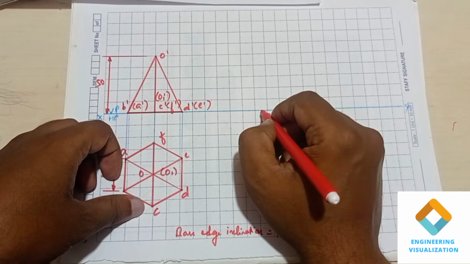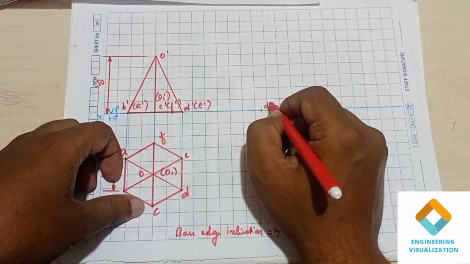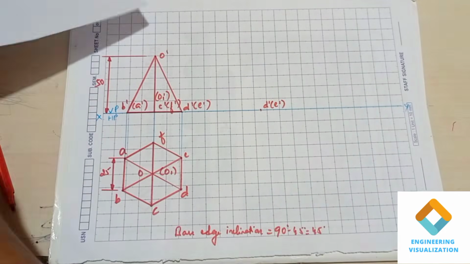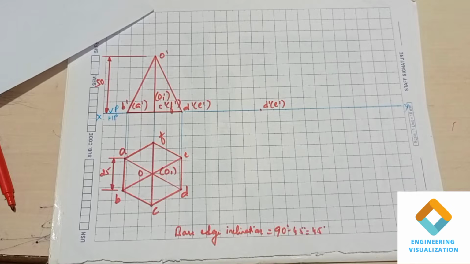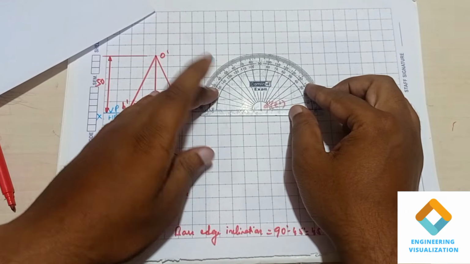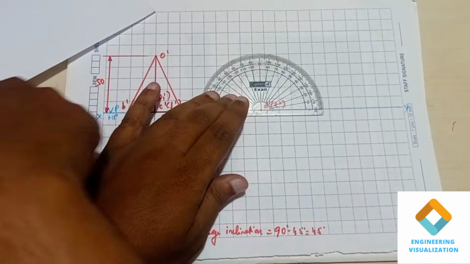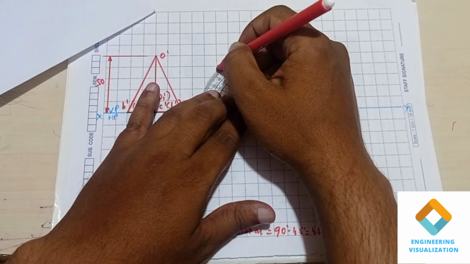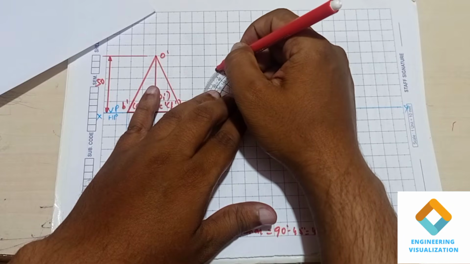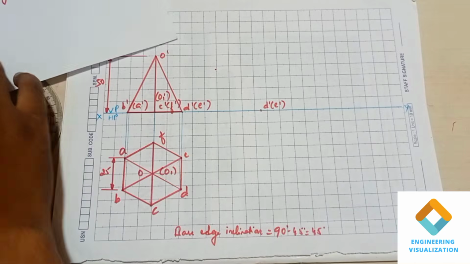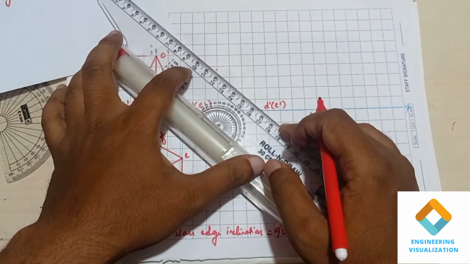Take a reference of D dash, E dash. Place the protractor here. Mark for angle 45 degree. Draw a line passing through that angle point.